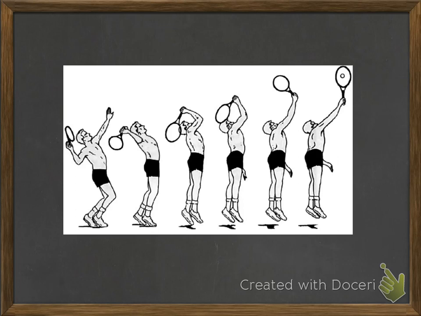So if we look here at this tennis player, they're starting off at flexion, so the angle's decreased. Here again, 1, 2, 3, the angle's starting to get larger. 4, again, the angle's increasing.